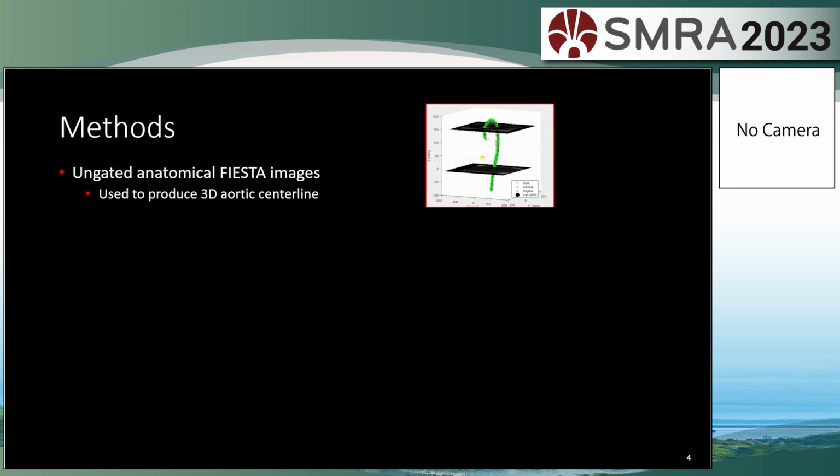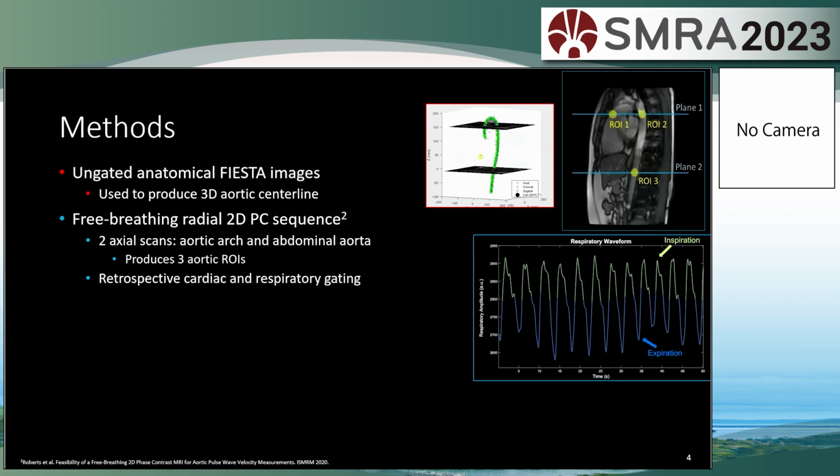For our study, we acquired two sets of data per subject. First, we acquired ungated high-resolution FIESTA images in the axial, coronal, and sagittal directions, which we used to segment a 3D aortic centerline. We then acquired our free-breathing radial sequence, with two axial slices, one in the aortic arch and one in the abdominal aorta. This gives us three total cross-sections of the aorta.